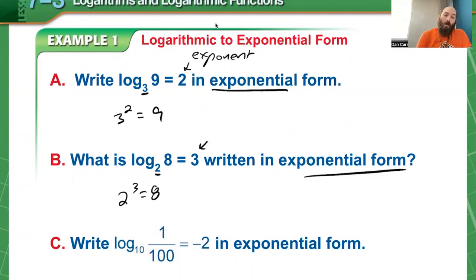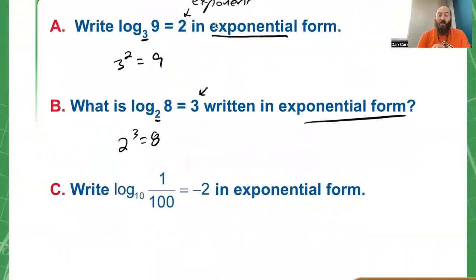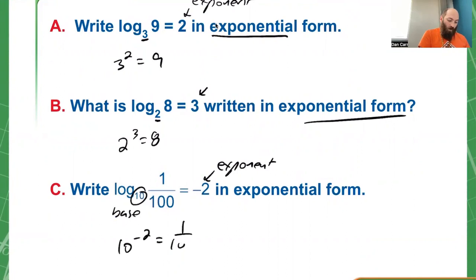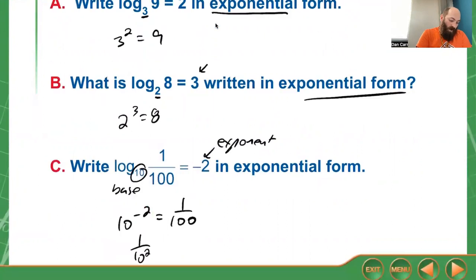And then log base 10 of 1 over 100 equals negative 2. Once again, this is my exponent and this is my base, so 10 to the negative 2 should equal 1 over 100. Double check that if you want. That's the same as 1 over 10 squared, which is the same as 1 over 100.